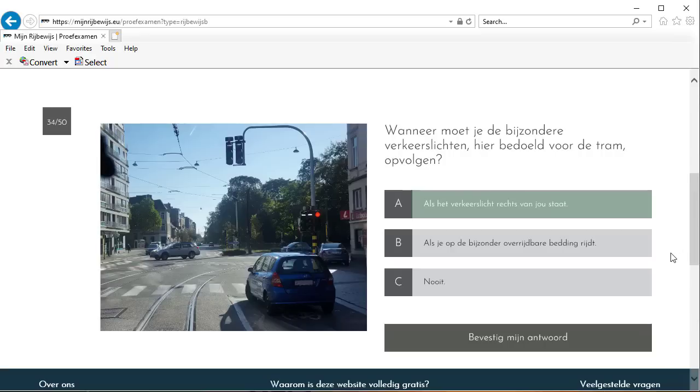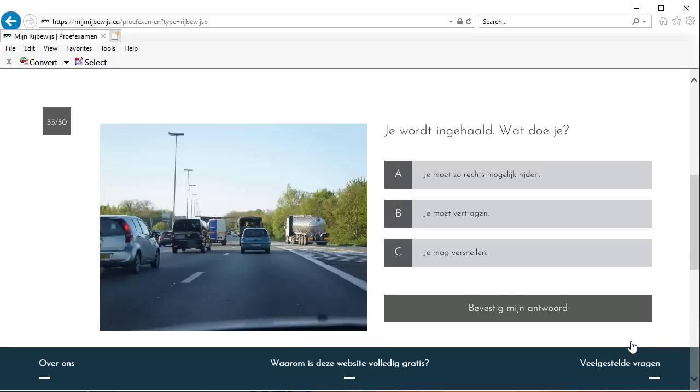You are being overtaken. Someone is overtaking you. What will you do? Option A, you must ride as right as possible. B, you must slow down. C, you may increase your speed.